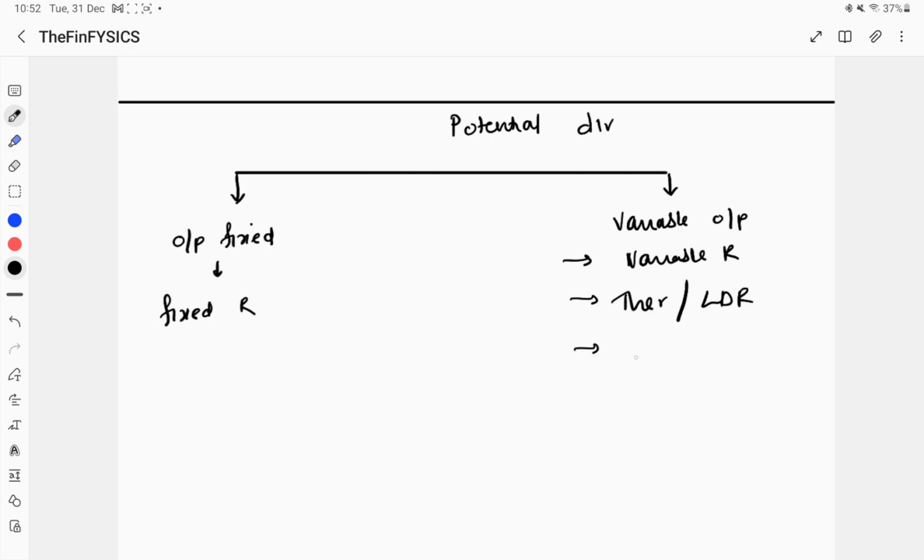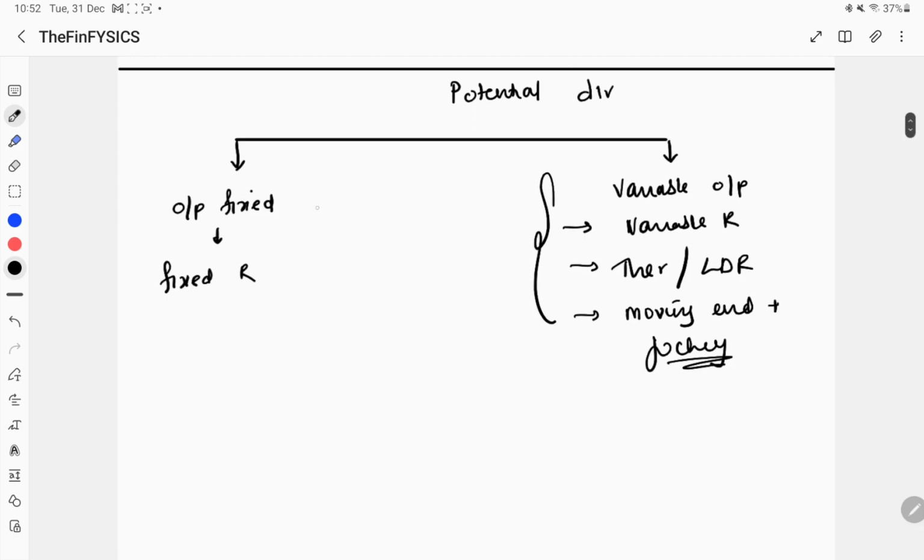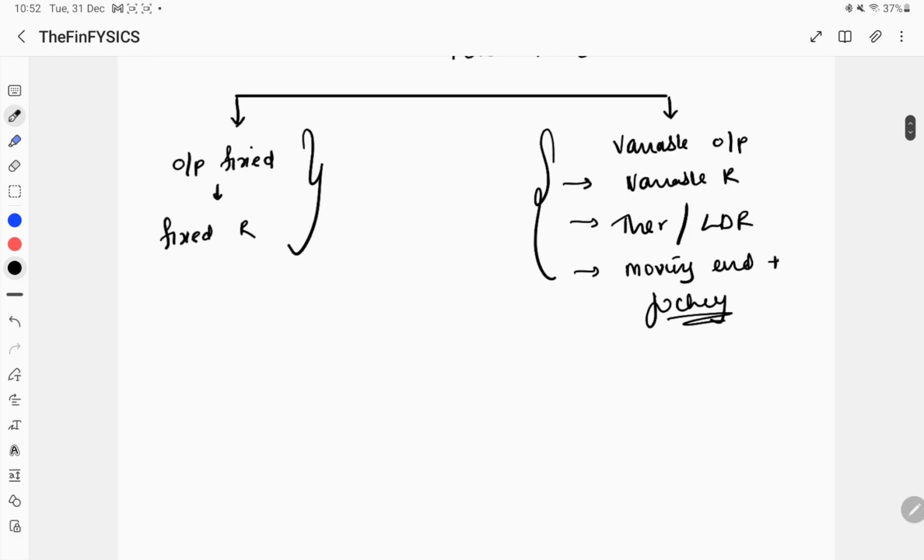But what I can do is have a fixed resistor with a moving end, which means connected to a jockey. This is what they will ask you. This normally comes in MCQs, and it also comes in structured questions. We'll see.